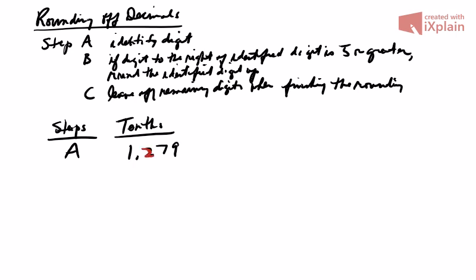So I mark that as a red value. Then step B is we're going to look one step to the right of the tenth location. If it's 5 or greater, we're going to round the tenth location up to the next higher number. 7 is greater than 5, so we're going to make that 1.3. And then step C is we're going to leave off any additional values.